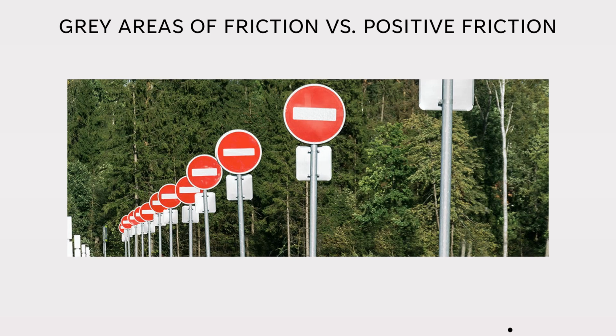Gray areas of friction versus positive friction. In 2018, Cass Sunstein, one of the founding fathers of the popular concept of nudge in behavioral economics, wrote an essay about sludge, nudge's evil twin. In most cases, sludge is synonymous with friction.